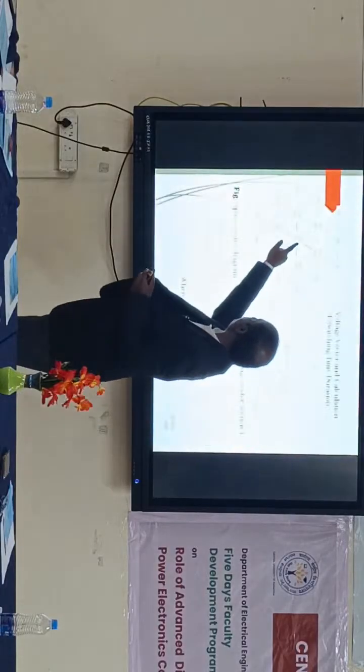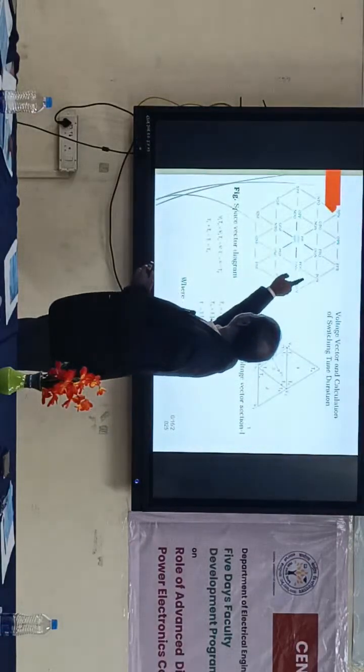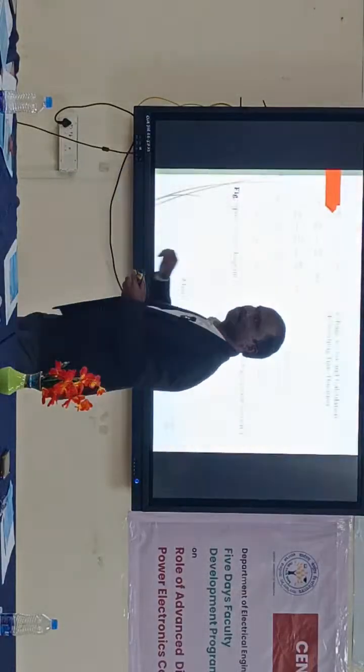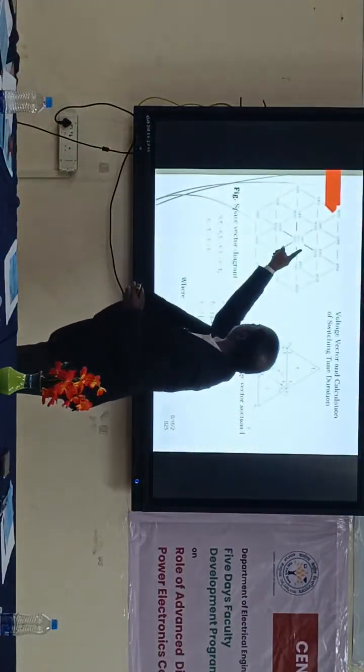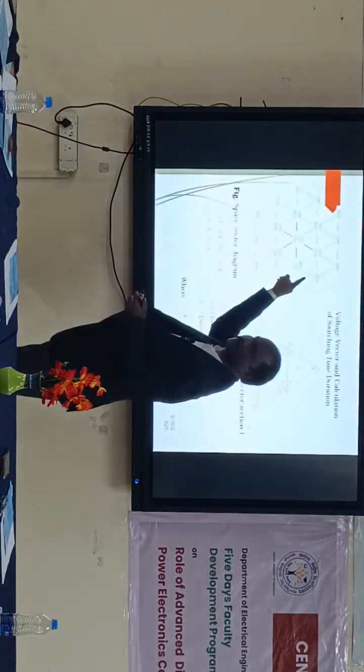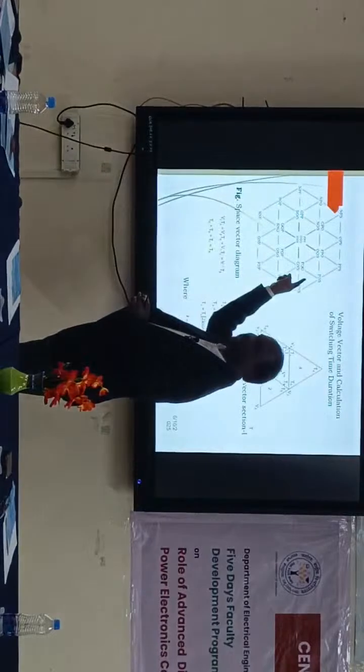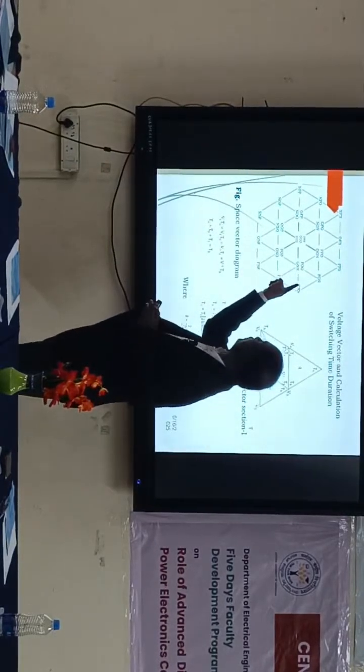For example, 7.5 degrees means this is the vector. For example, you want to get 7.5 degrees and 80%. What is the location? 7.5 degrees is here. 80% means your vector is here. Your tip of the vector is here. To get the tip of the vector here with 7.5 degrees, what switching states do you have to operate? You have to operate these switching states.